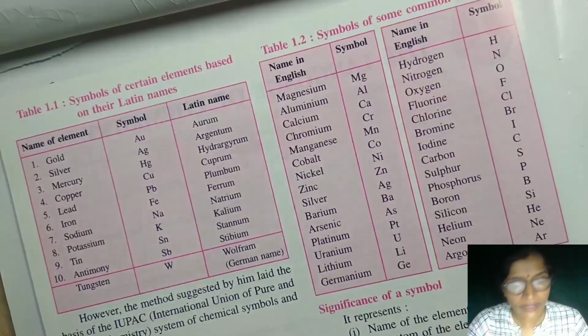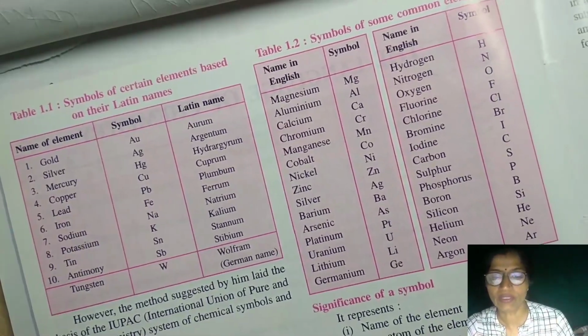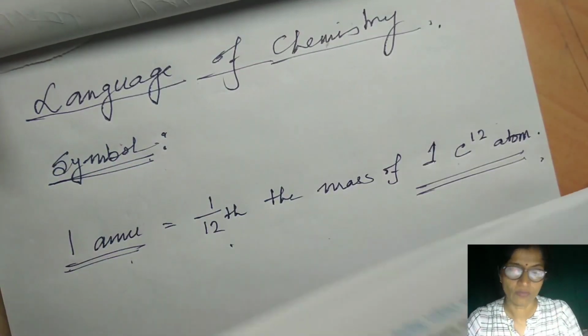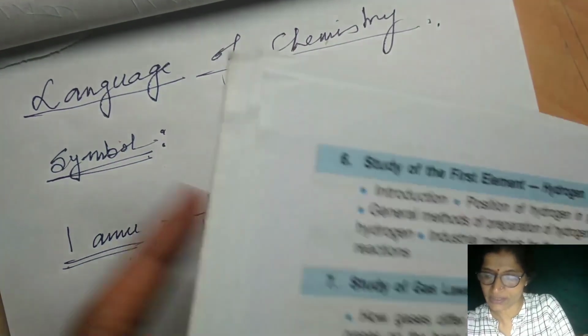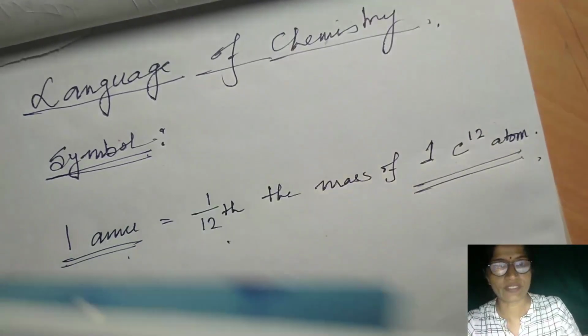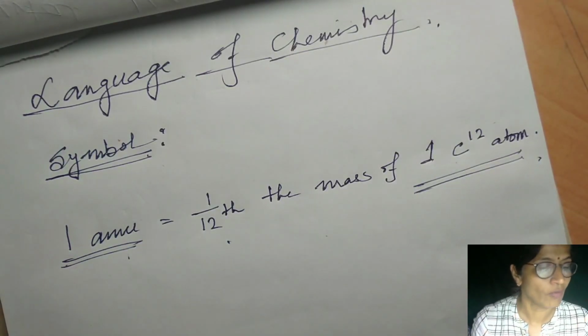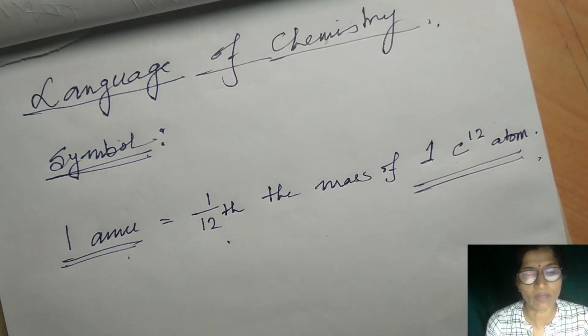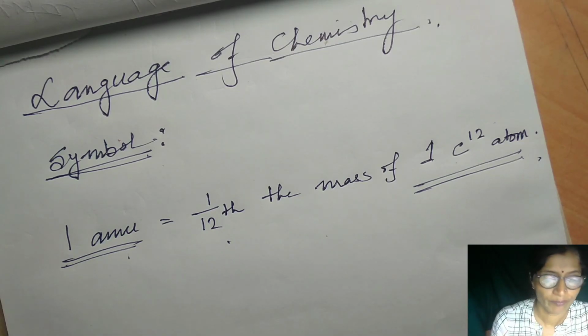Okay. Now next, after the symbol, we will discuss the formulae. What is formulae? Formulae is the shorthand representation or abbreviation for one molecule of a compound. One molecule of any compound is represented by formulae.